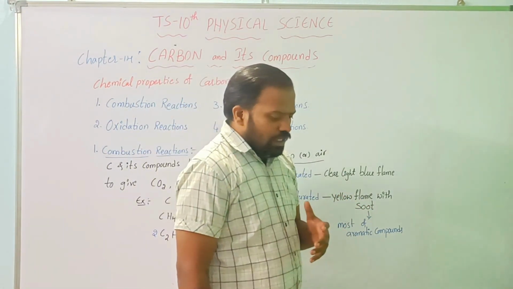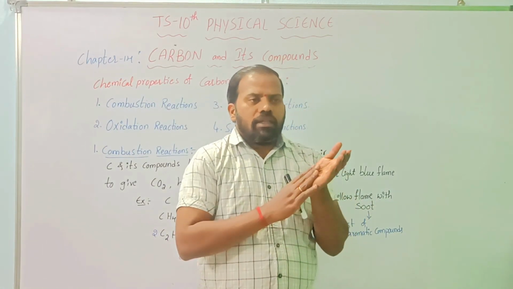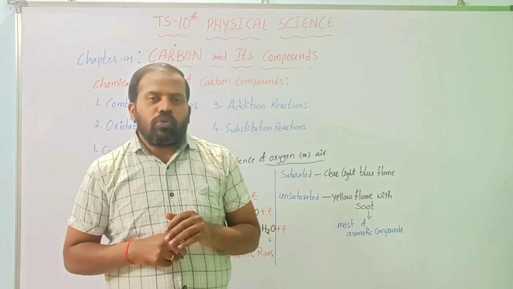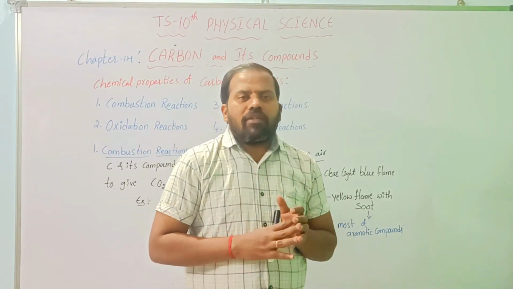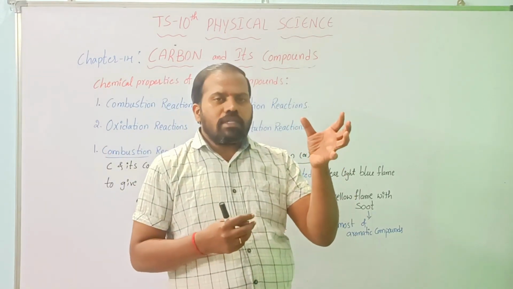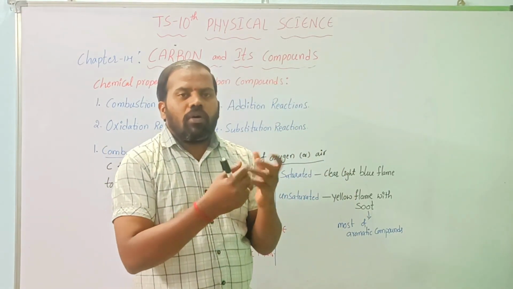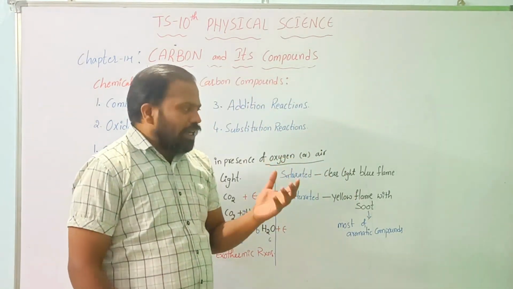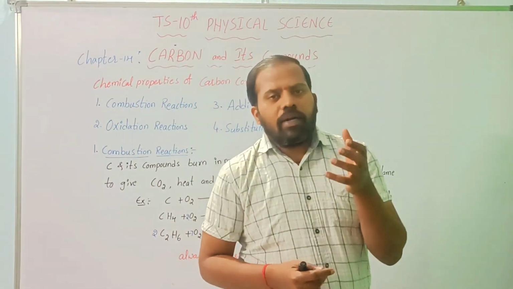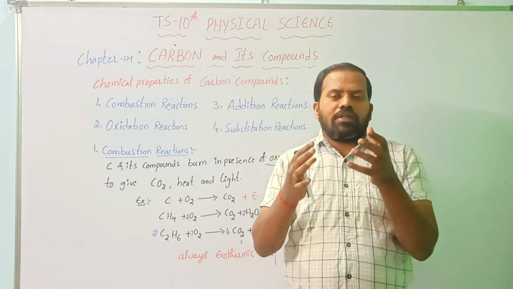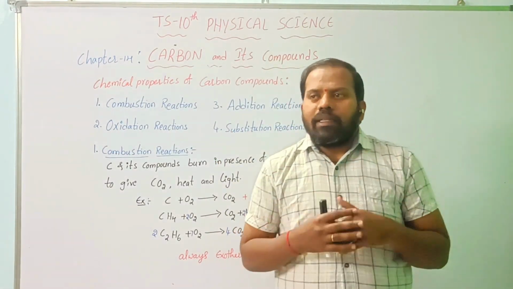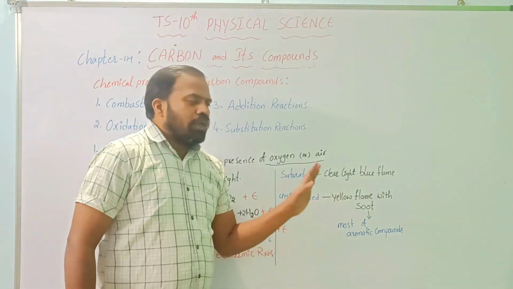A sooty flame means a black color; the vessels can become a little black. It means the supply of oxygen is not 100% during burning. This is also applicable to saturated hydrocarbons: if the supply of oxygen is difficult, they also form a sooty flame.